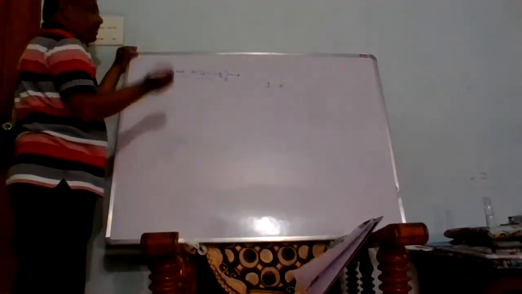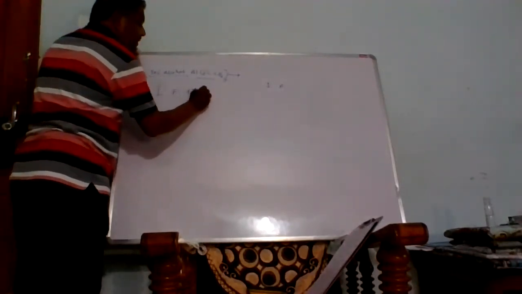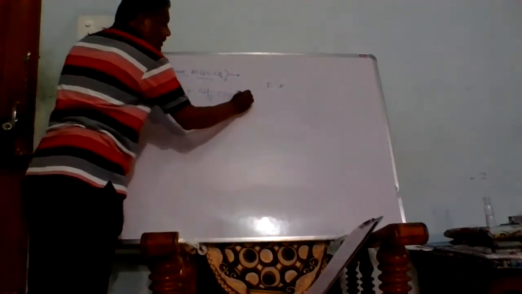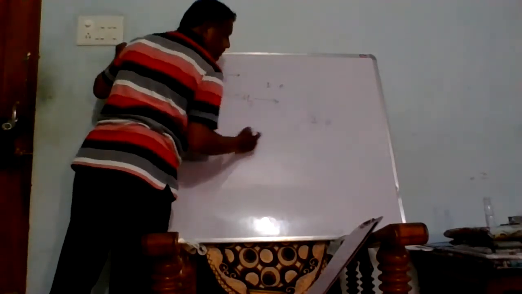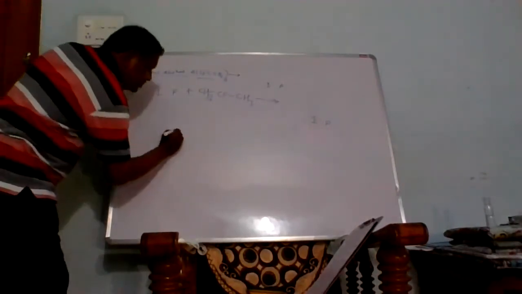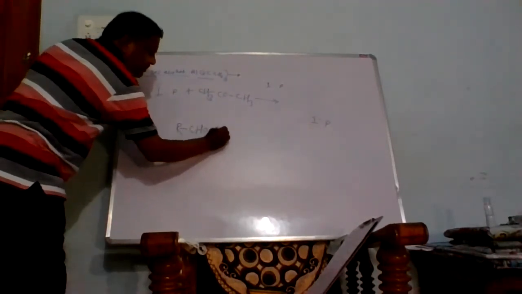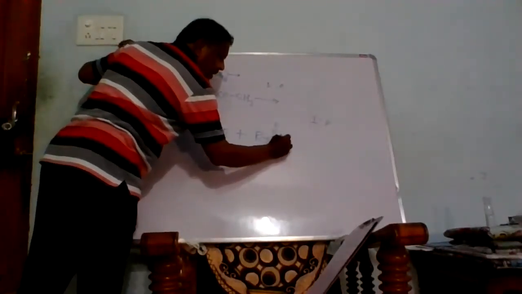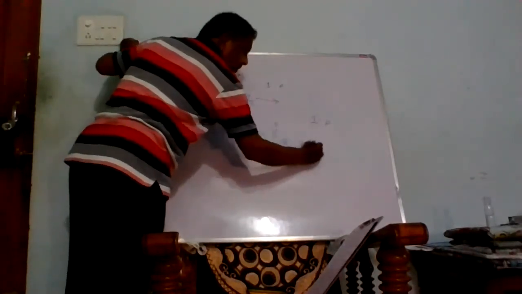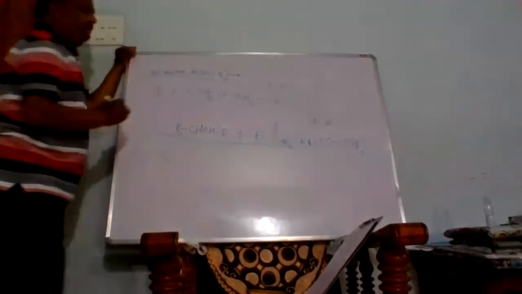This intermediate product further reacts with a ketone, then it gives a second intermediate product, and finally it gives the main products: R2CHOH plus R2CO plus Al(OC(CH3)3)3. This is the main product of this reaction.